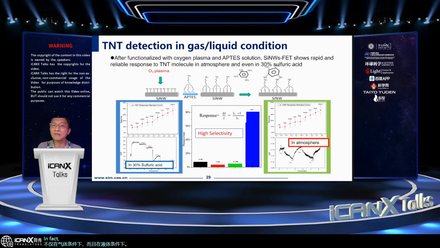In fact, it can detect the TNT even in 30% sulfuric acid. So we can find the TNT factory from the drum. So it will be very helpful to the police.